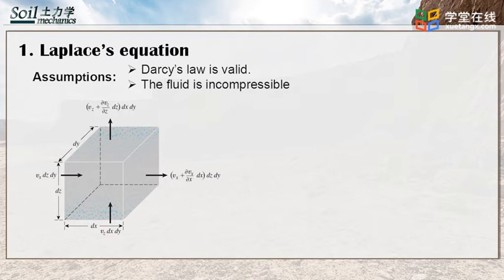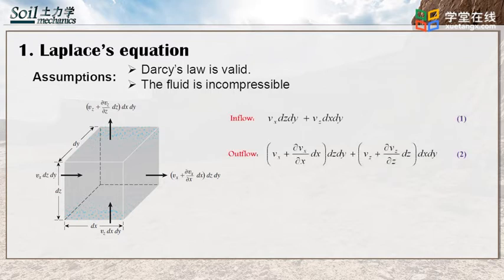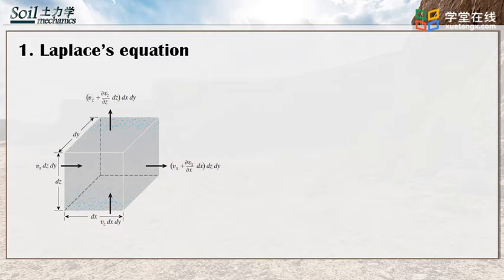For the flow problem shown in the figure, the inflow and outflow can be expressed in equation 1 and equation 2. Based on the law of mass conservation, the inflow equals outflow, then equation 3 will be derived. According to Darcy's law, the velocity equals the coefficient of permeability times the hydraulic gradient.